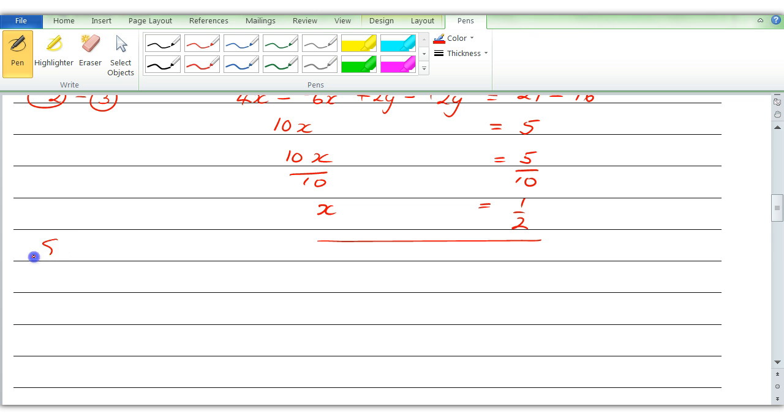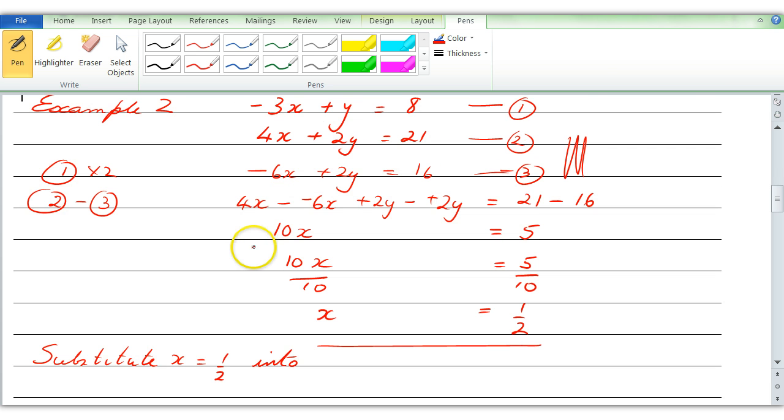Now we have to substitute this back into one of the equations to find out what y is. We'll substitute it back into the simplest equation, which is equation 1, I think. Although, no, I'll substitute it back into equation 2. The reason I'm going to do that is because I've noticed that if we put x equal to half, 4 times a half will be 2, and we'll have a nicer equation to work with.